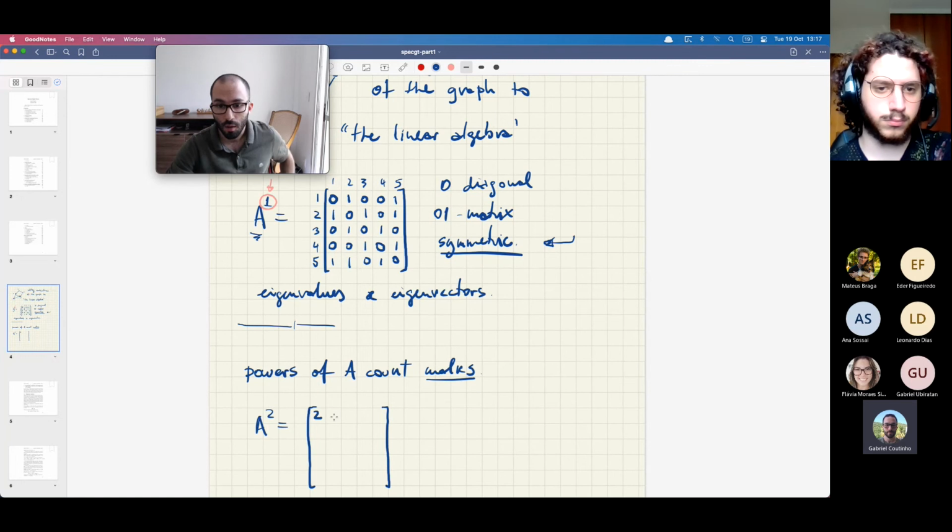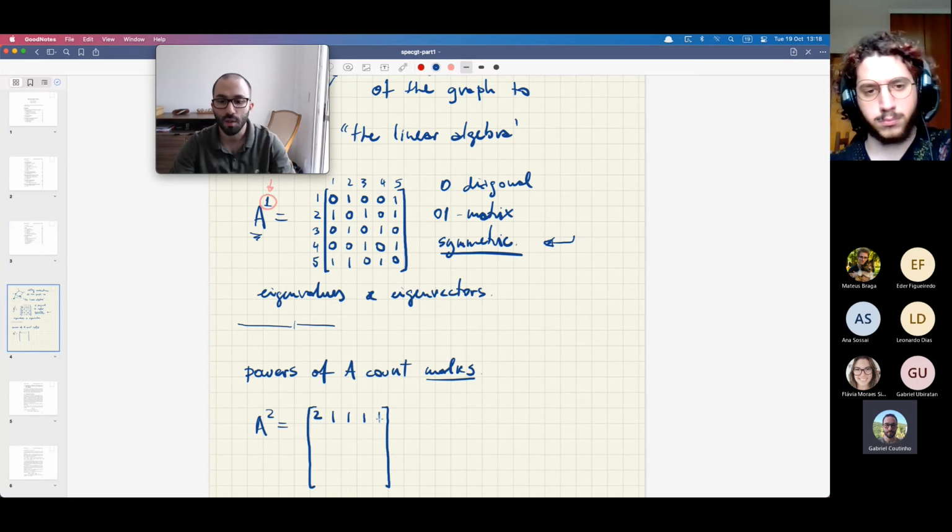The second element in the first row is going to be the first row times the second column, and the result here is going to be 1, because this 0, 1, 0, 0, 1 times 1, 0, 1, 0, 1, this guy is going to hit this guy, and the result is 1. Now, this times this, the result is always going to be 1, and this times this is also going to be 1.